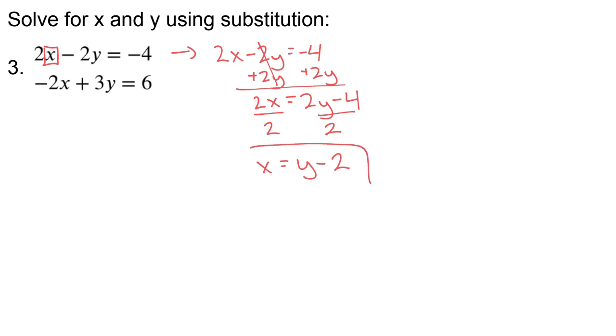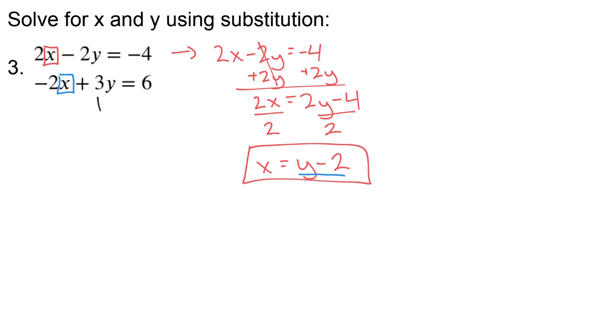So that equation is the same as this first equation, it's just rearranged. We know that x is the same as y minus 2. So we're going to take this bit, y minus 2, since we know that's the same as x, and put it in here for x.